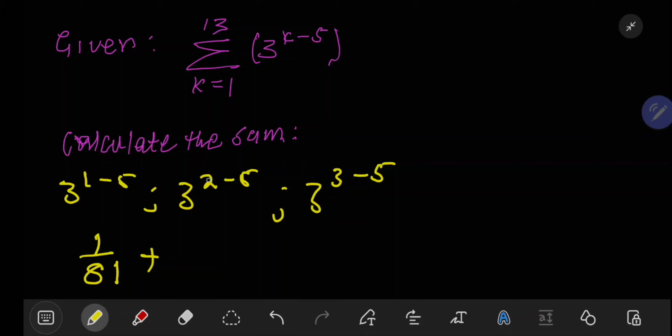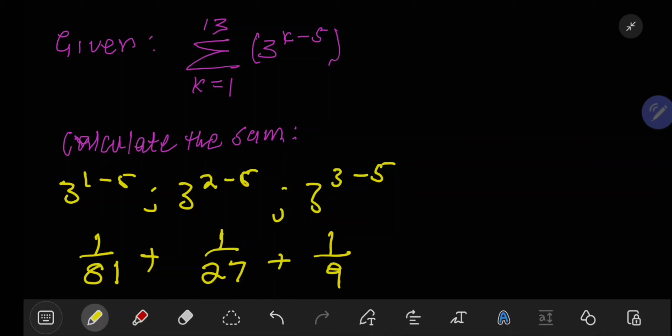The semicolons here, I'm just using them to show that this is my term number 1, this is term number 2, this is term number 3, so that I don't confuse myself. Then the second one is 1 over 27, then plus the third one is 1 over 9.